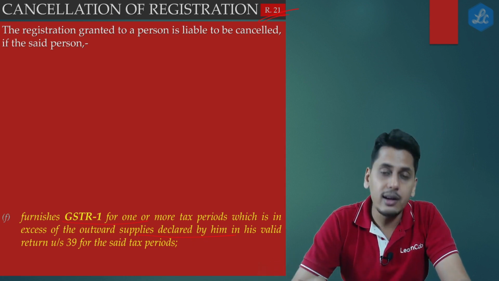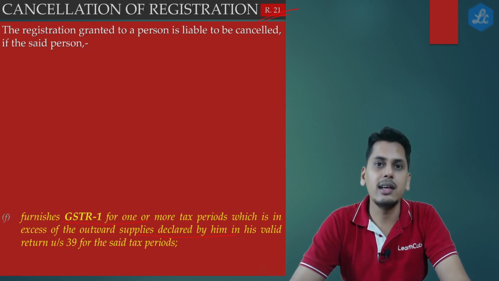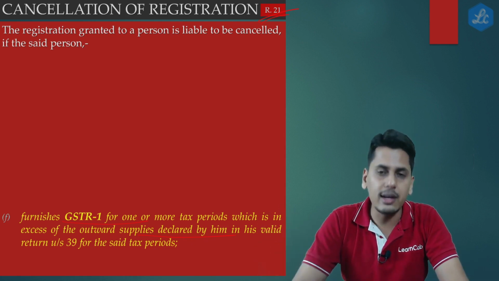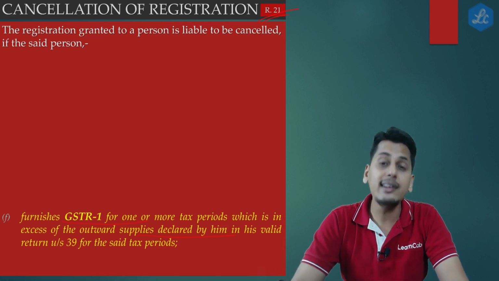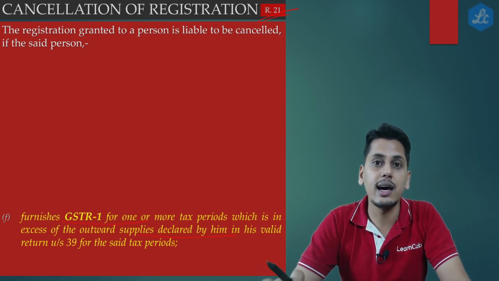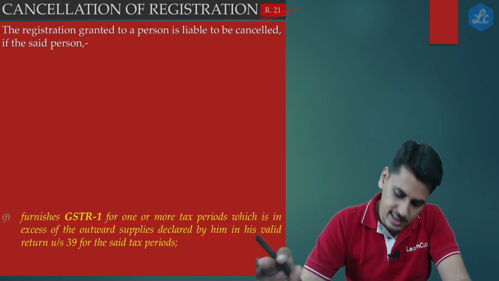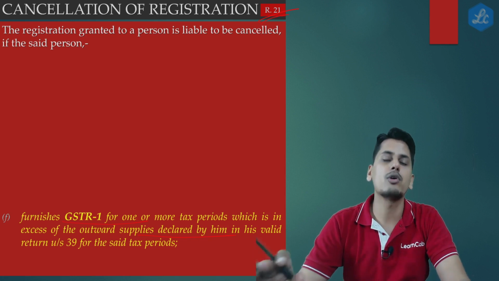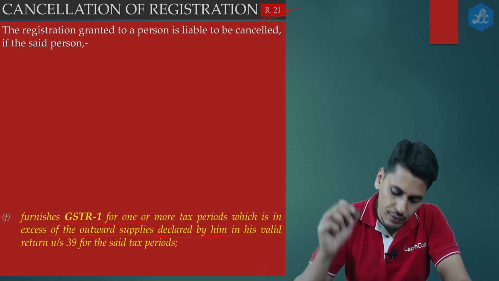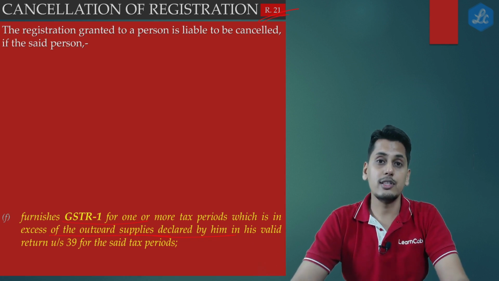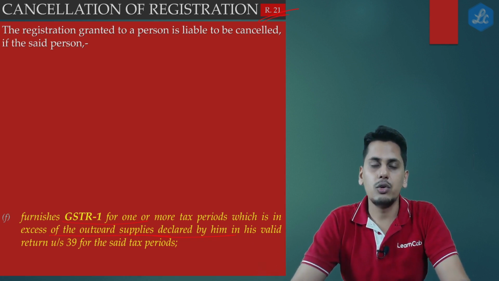Rule 21 forces you to file GSTR 3B correctly, because if you do not file it correctly, if you include the actual turnover in GSTR 1 and depreciated turnover in GSTR 3B, now is a case where the outward supplies declared in GSTR 1 for 1 or more tax periods is in excess of outward supplies declared in GSTR 3B, your registration is liable to be cancelled.